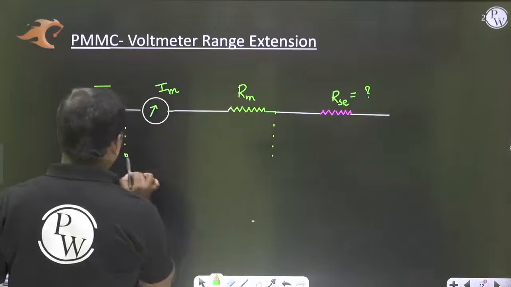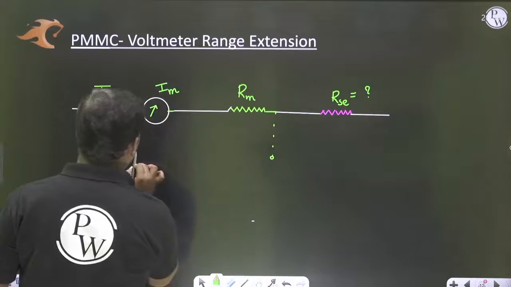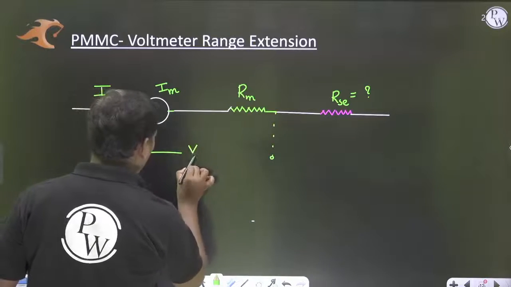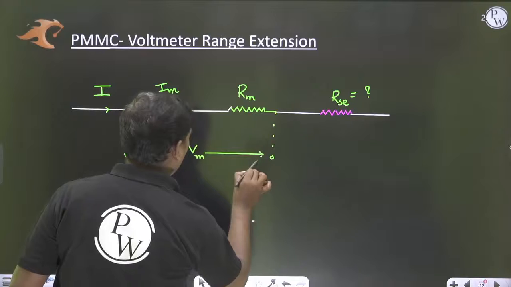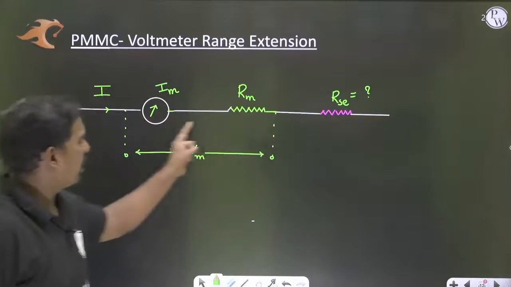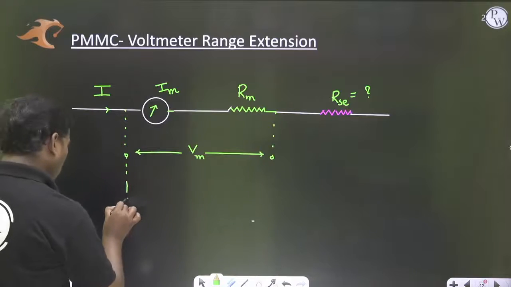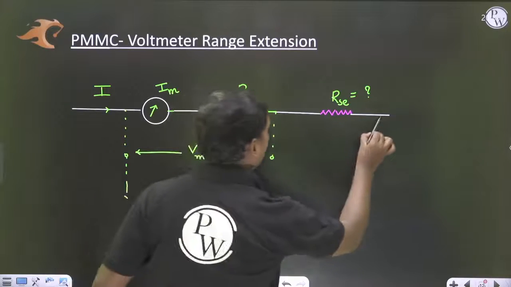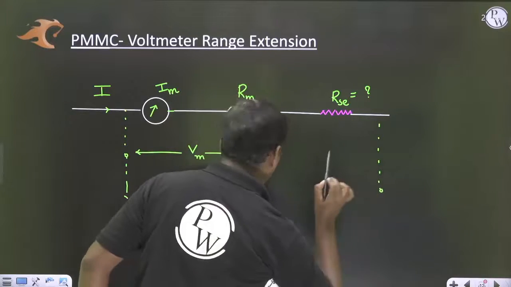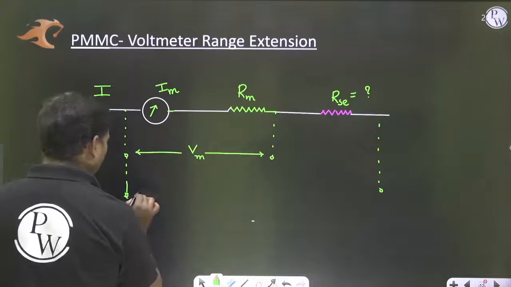So this is our Vm. But the same current is going from here to here now. So the total voltage, if you take, that means the total voltage.